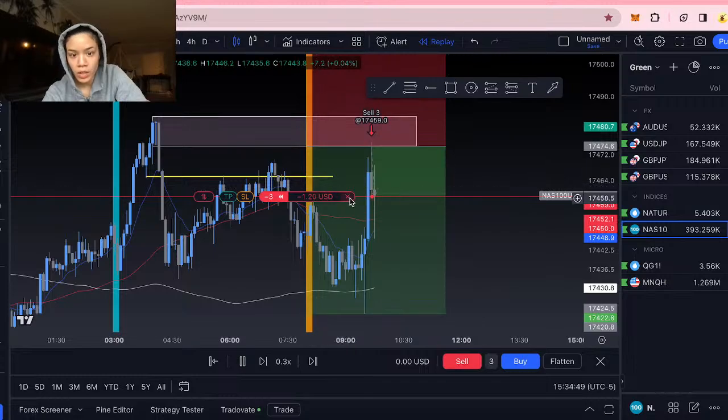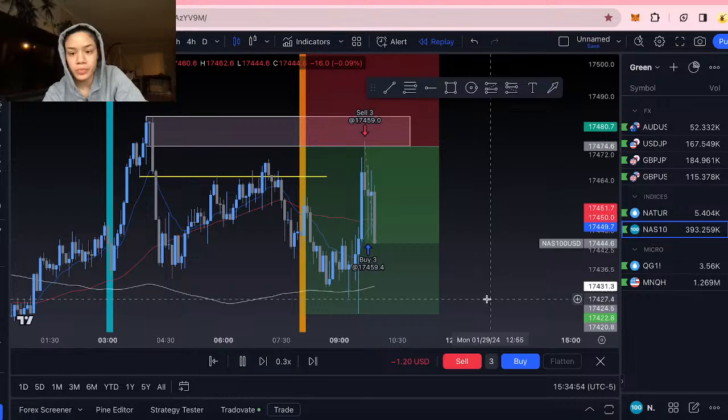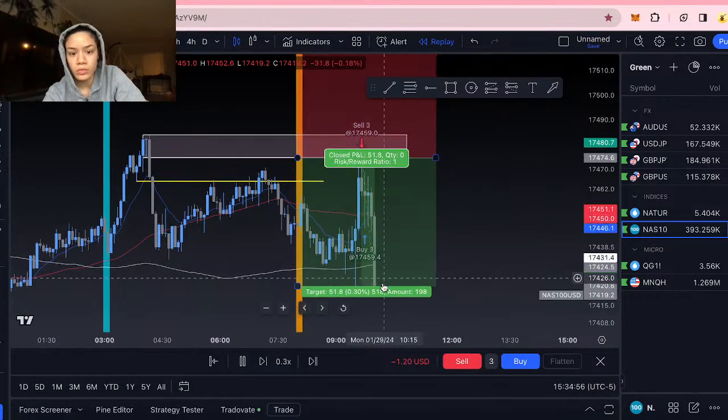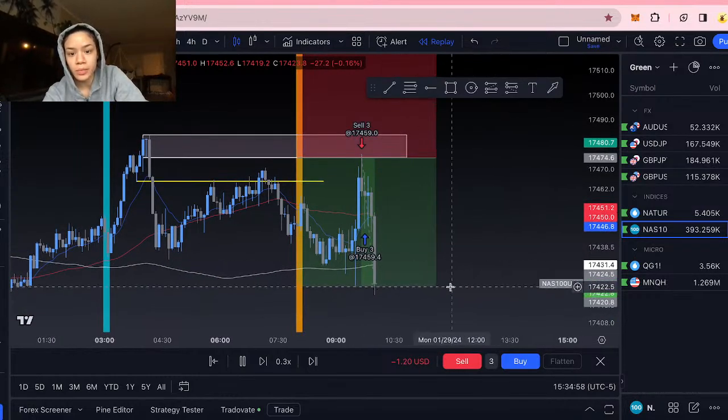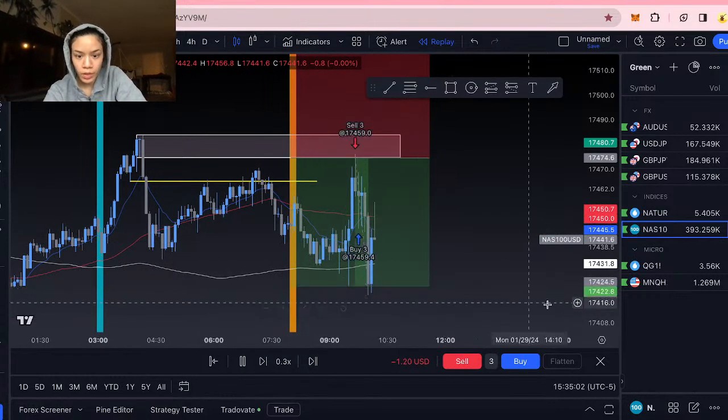Whatever. It tapped into this demand zone, came down, filled it in, and that would have been the winning trade. And that was for Monday.